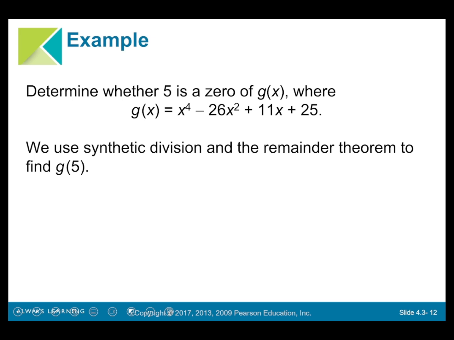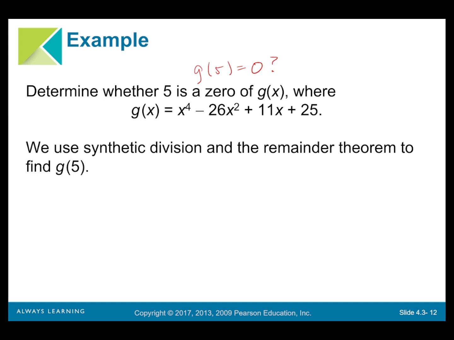Alrighty, now we can see problems like this. Determine whether 5 is a 0 of g of x, where g of x is x to the 4 minus 26x squared plus 11x plus 25. Essentially, we want to know if g of 5 equals 0.